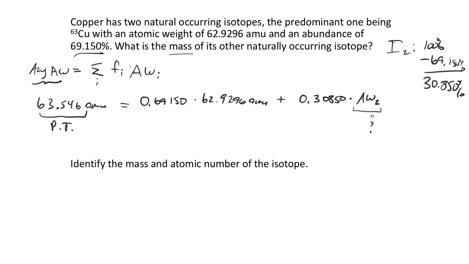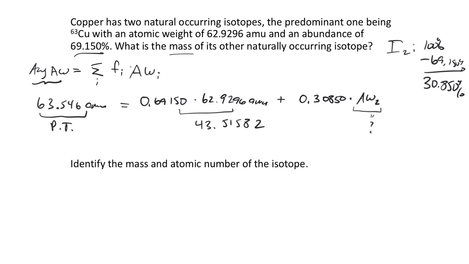And so then algebraically, we're just going to try to solve this expression. So I'm going to do that in a couple steps. I'm going to do this arithmetic here. So if I do the 0.69150 times 62.9296, that's going to be equal to 43.5158.